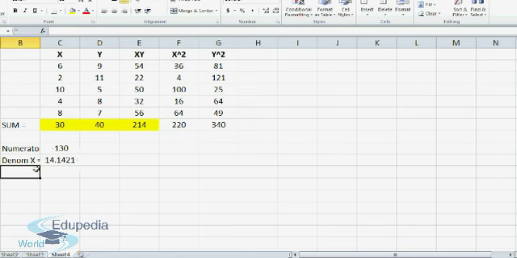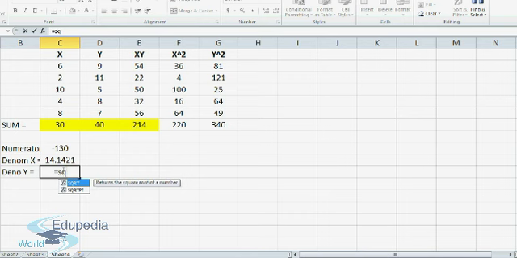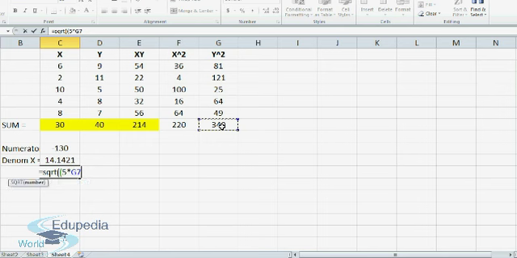Okay, and then we have the denominator for y, which is equal to, again the structure of the formula is the same. We have the square root of n, which is 5, multiplied by the y square value, minus the summation of y the whole raised to power 2.